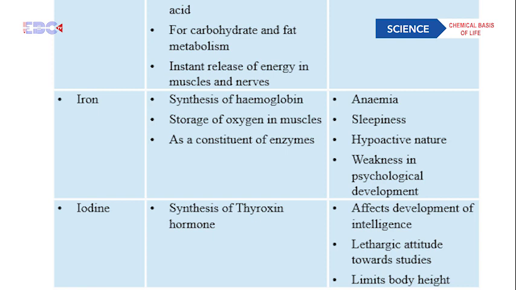Red blood cells, white blood cells, and platelets. In the red blood cells, you can see this red protein, which is the one that carries the oxygen, right? Then the second function is storage of oxygen in muscles. Third, it is a constituent of enzymes, right?